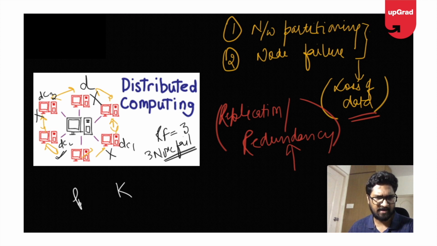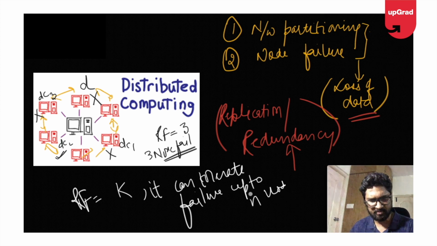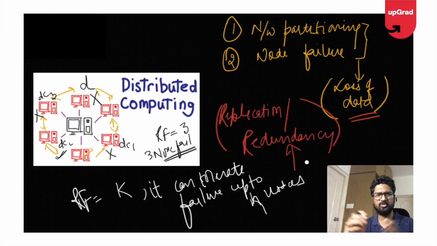So if I have a replication factor equal to k, it can tolerate failure of up to k nodes, right? So bringing redundancy and replication into the picture solves both our problems: the problem created by network partitioning and the problem caused by node failures.